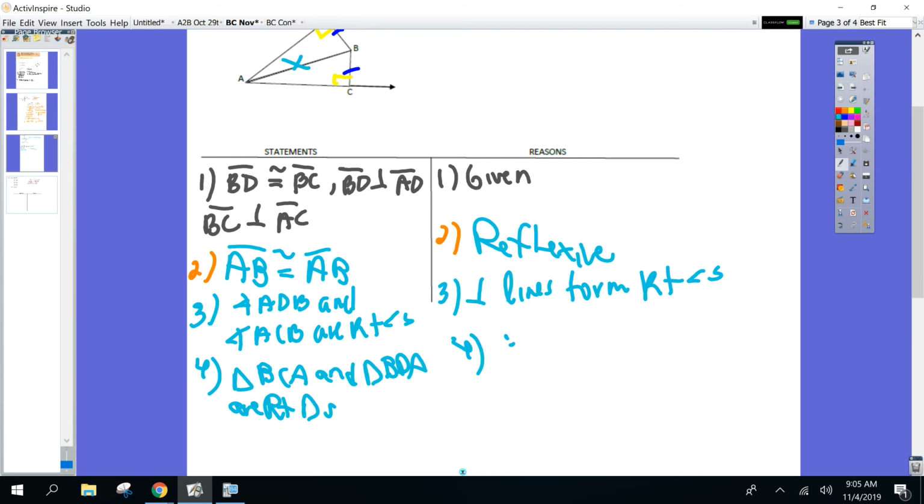Just because I have a right angle doesn't mean I have a right triangle. Right triangles have right angles. There we go. I got the right angles, got the right triangles, got the H, got the L. I think we're good. I just need a congruent statement from somebody in the correct order.